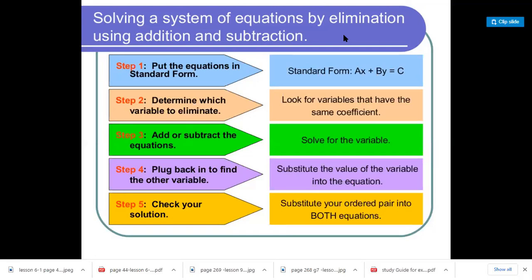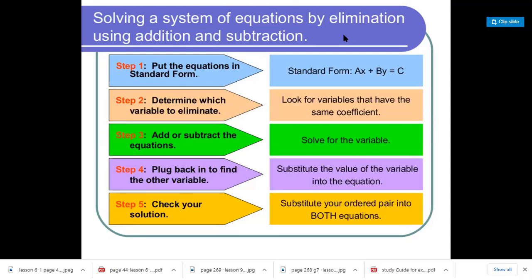Second step, determine which variable to eliminate. Then which variable you are going to deal with. You are going to deal with x or with y, and take care because you can't deal with both variables at the same time. You will add or subtract, it depends on the numbers which we have, or solve for the variable.